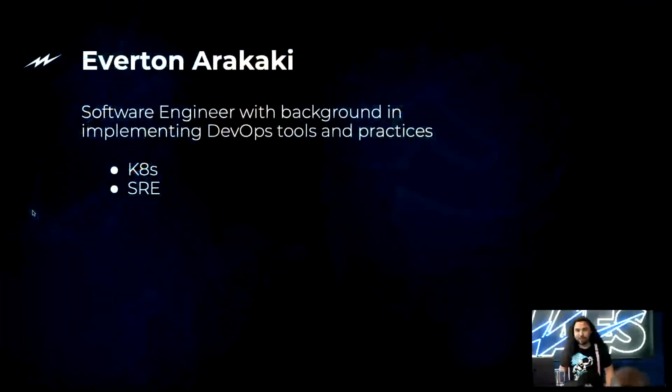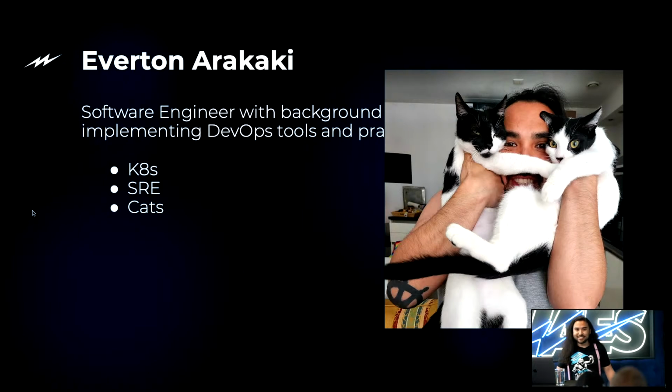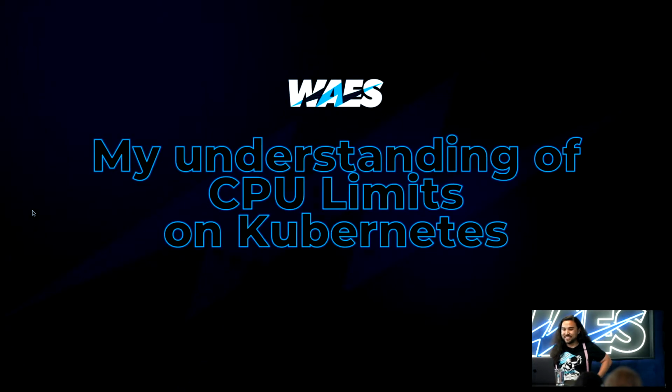Another topic that I'm very passionate about is SRE, Site Reliability Engineering. It's a subject from Google on how they manage their production applications. And the third thing I really like is cats. I'm not sure if the cats really like me, but I do love them, truly.